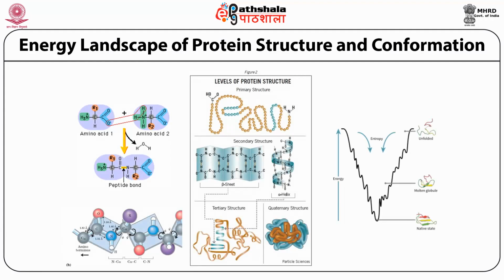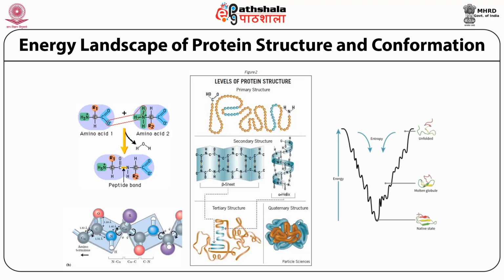We discuss the energy landscape of protein structure and its conformation. You can see that simply, we discuss from the primary structure to the tertiary structure and how it is energetically favored. So you can see simply the amino acid. If you mix two amino acids in a solution, the amino group and carboxylic acid group of the two amino acids form a covalent bond known as the peptide bond.